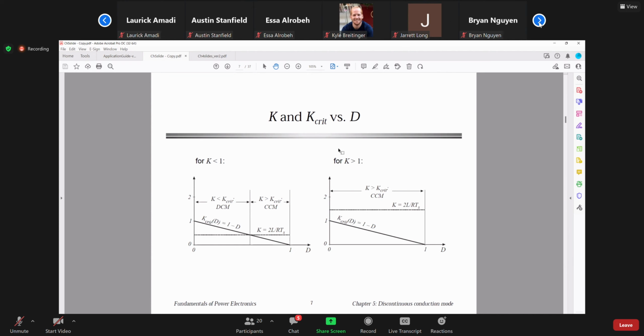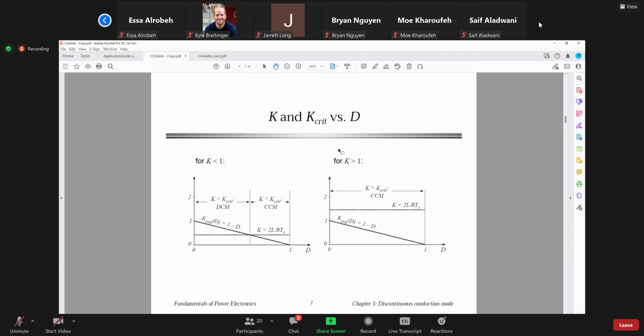So in other words, when you select your components and conditions, this K is fixed. For the buck converter, K critical is D prime, 1 minus D. So on this line, D prime or 1 minus D, from 0 to 1, K is now a number.